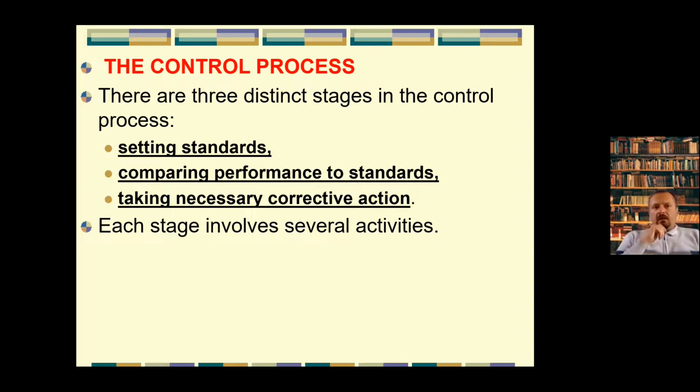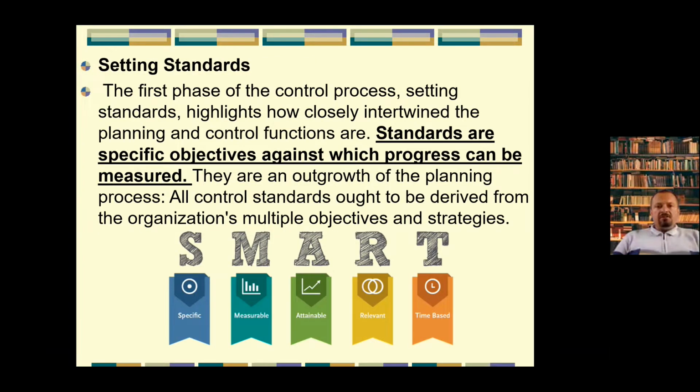Generally, the control process has three stages: setting standards, comparing performance to standards, and taking necessary corrective actions. When we are setting standards, actually we are setting objectives with the help of SMART technology.